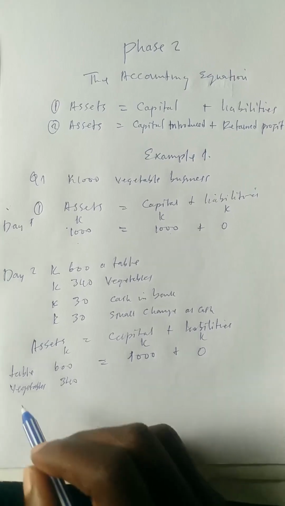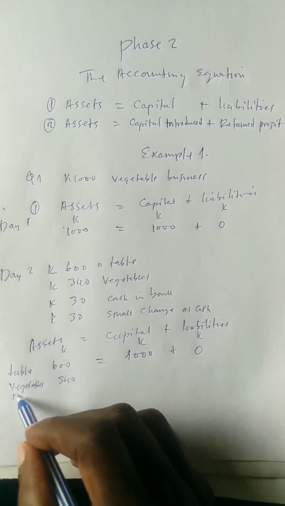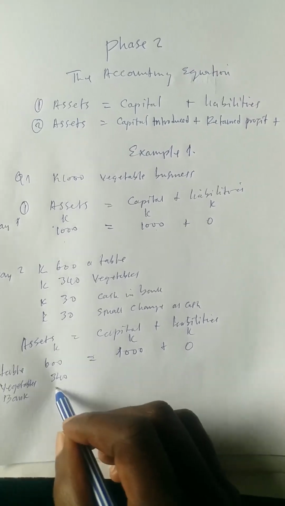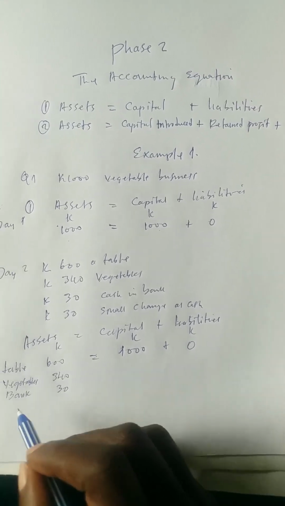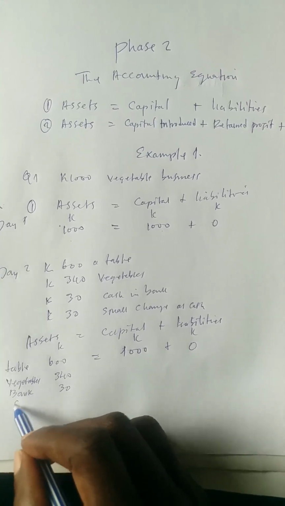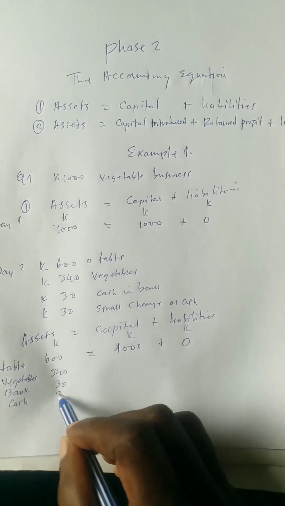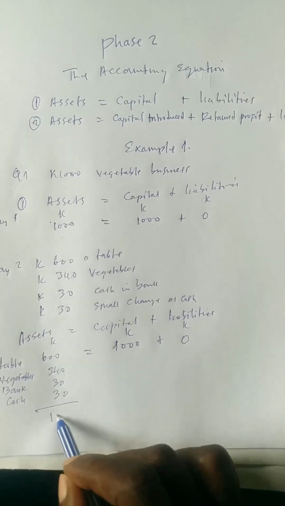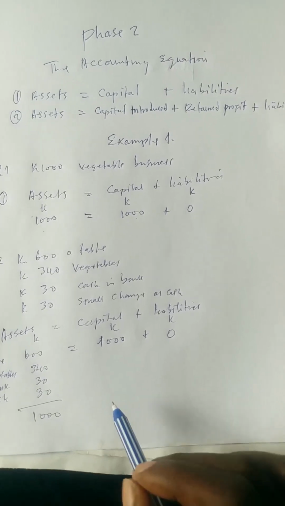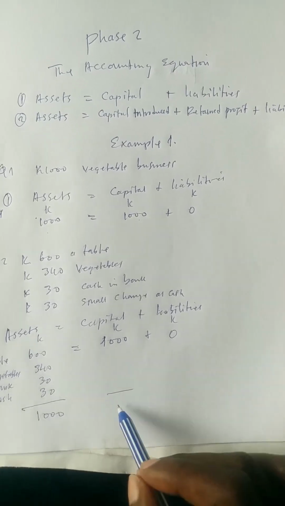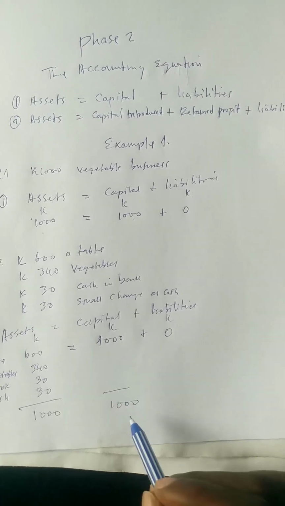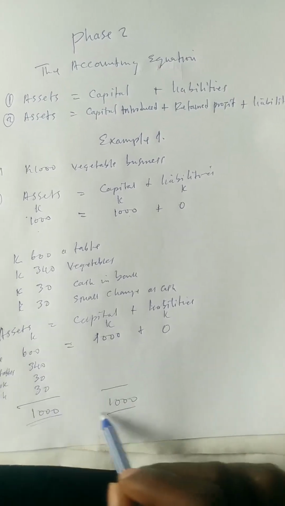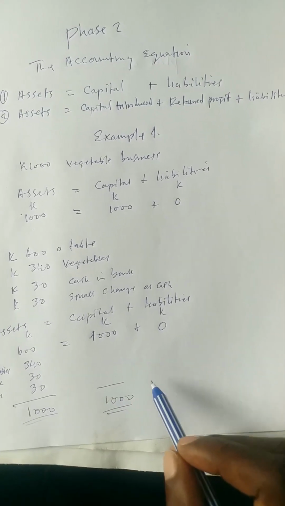And we have cash at bank, 30, and we have cash at hand, 30. Okay, when you total this, it's still giving us 1000 kwacha, and on the capital we still have 1000 kwacha. Our equation is still balancing.